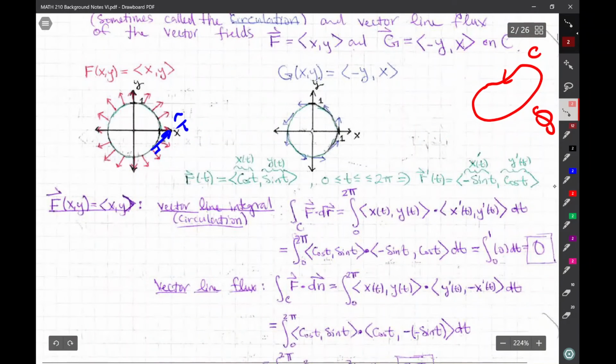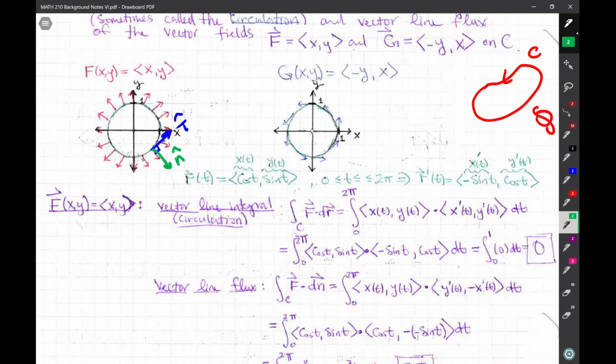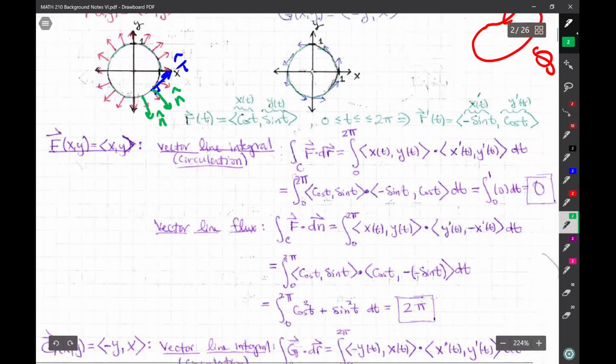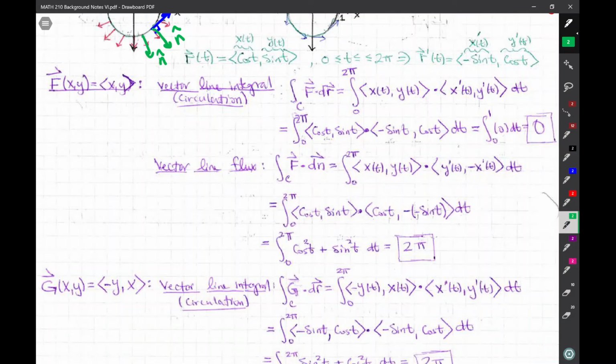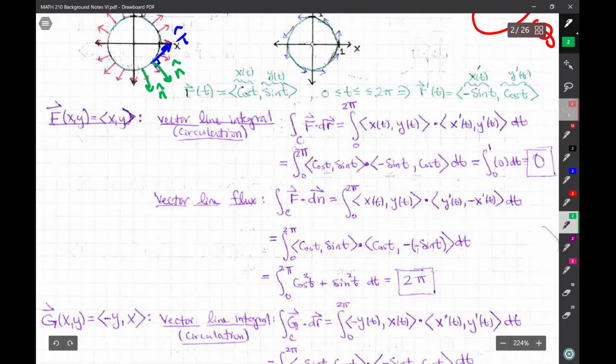The reason is that the normal vector points out this way, so you're dotting with a normal vector all the way through, and they point along each other. So you're adding up all of these dot products as you move along, and you end up with 2 pi.